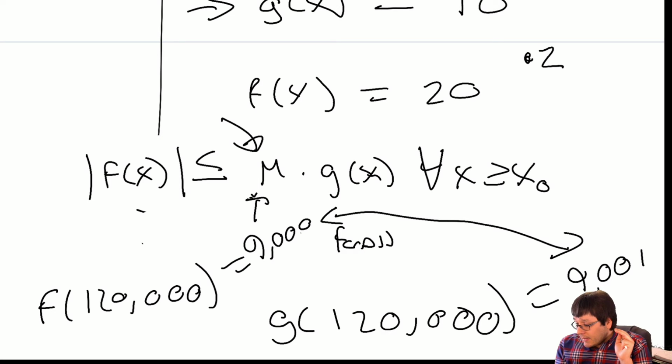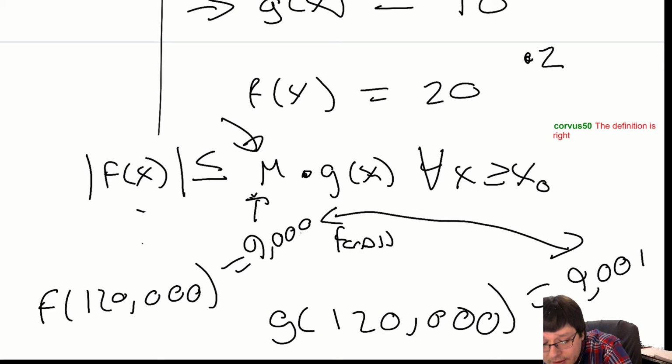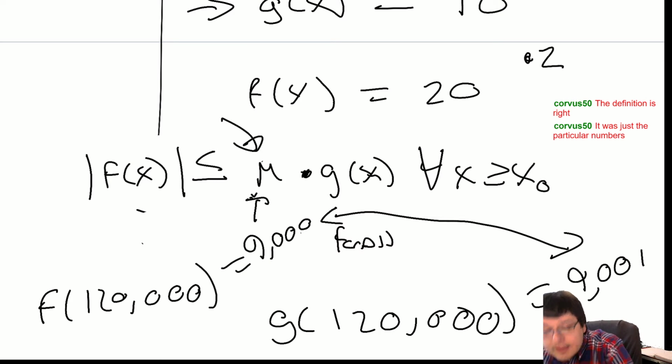Okay? Why did I flip that? I thought I read it right. Oh, I know why. Because of the m here. Yes, that's because of the m. That's why. We are saying that.